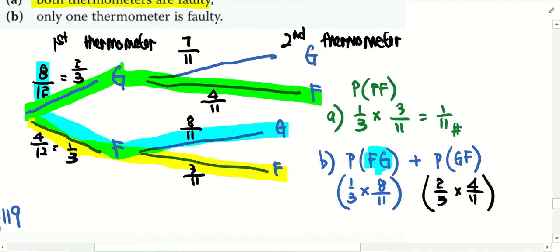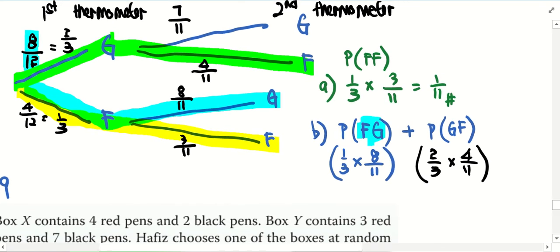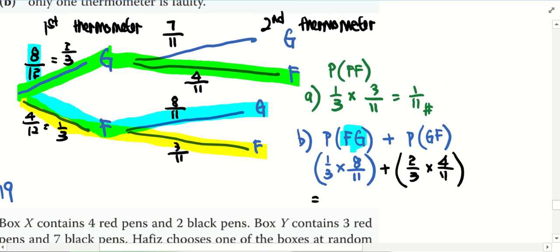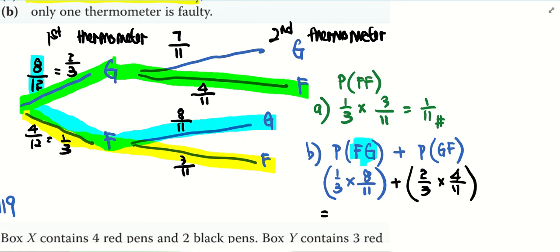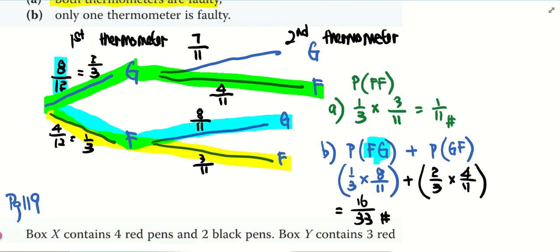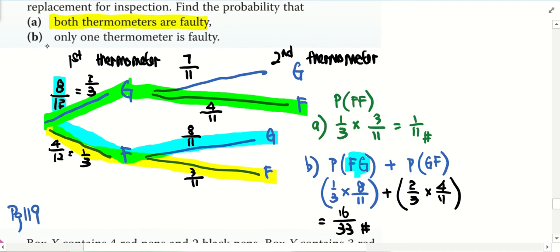Then your job is very simple. Whatever you have in the brackets, please sum them up and press the calculator. Okay, can you please do that for me now? Press the calculator carefully so you can see that the tree diagram will make use of your question. But I want you to take note, please write down the branches in their original numbers. Don't reduce to lowest terms only. Alright?